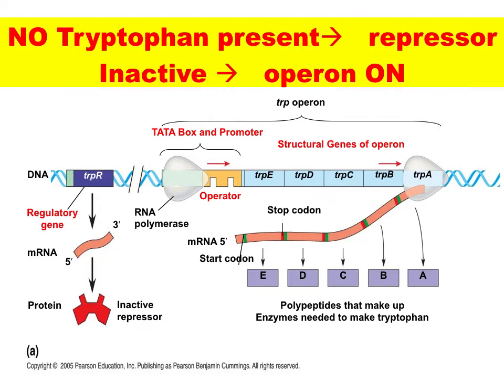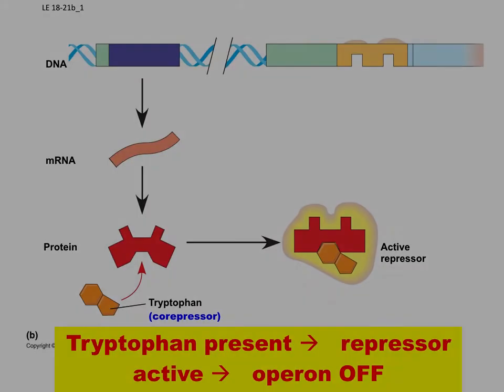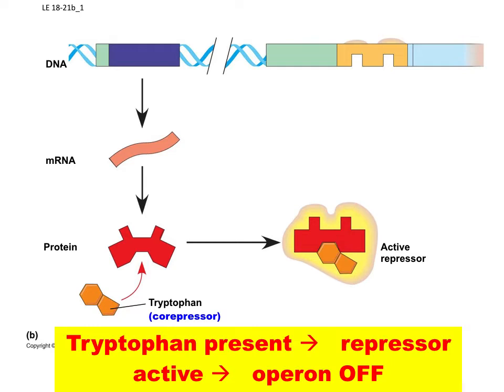If the levels of tryptophan get high enough, though, that there's extra tryptophan floating around in the cytoplasm, some of that tryptophan can act as a regulatory metabolite and bind to the repressor protein. When it binds, induced fit causes a change in shape, and you now have what's called an active repressor.